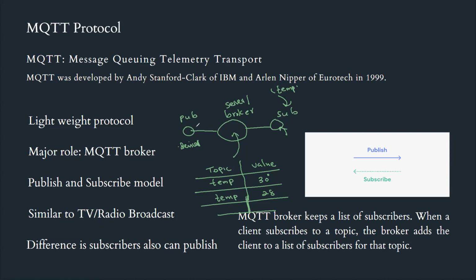TV and radio broadcast means, if it is TV and radio broadcast, the publisher will be the TV, and the TV will publish data into a certain topic, and the subscriber will get that topic data by subscribing to that topic. That means that the TV or broadcast station will publish the data under a certain channel.